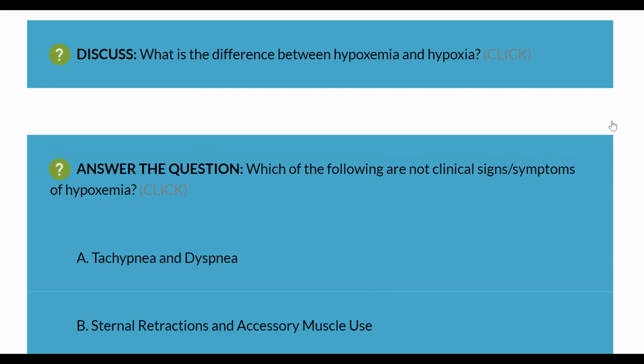Okay, Heterogene said, give an answer. Let's wait for others. Heterogene, can you give some examples of hypoxemia and hypoxia?